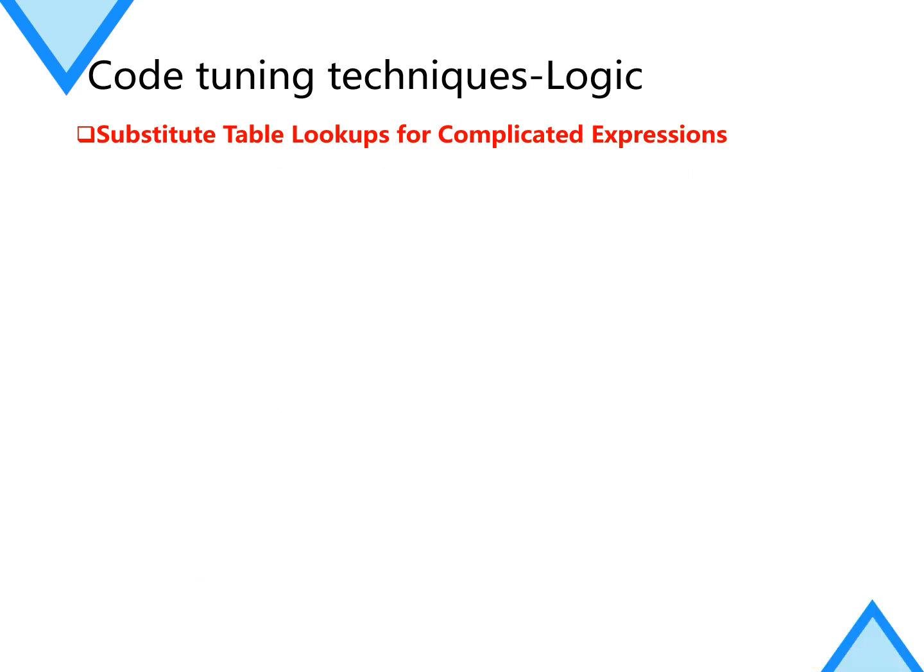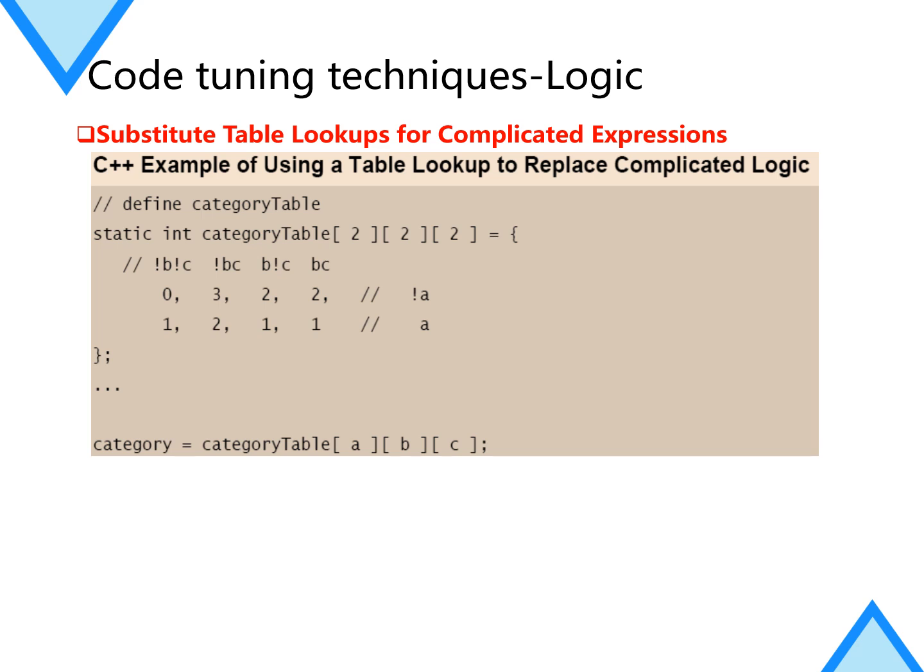Here we have substituted a table for the complicated logic shown in the previous slide. We convert the complicated logic to a lookup table, and for each condition, like not B, not C, we substitute some value.